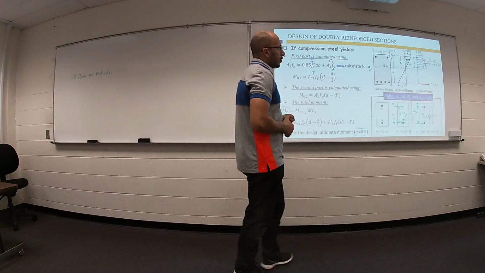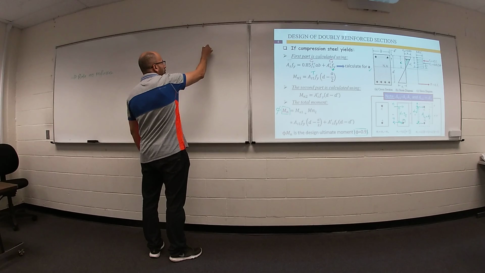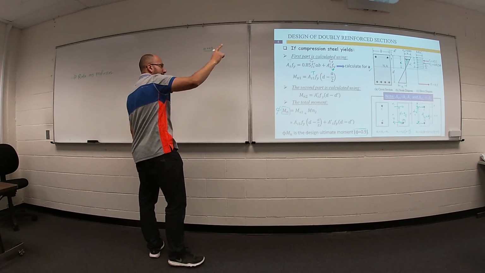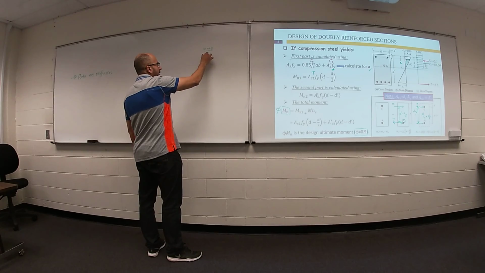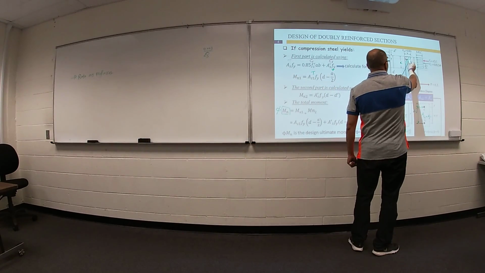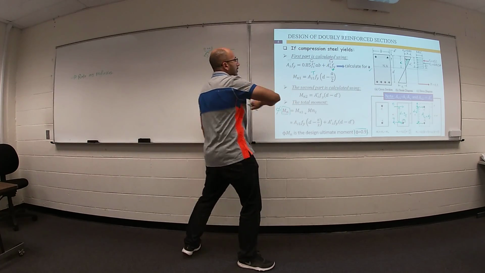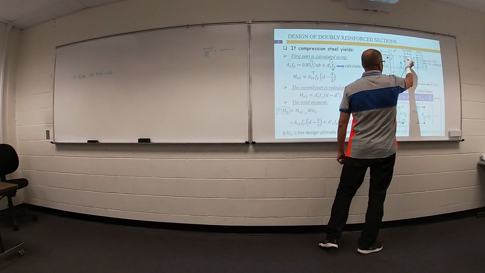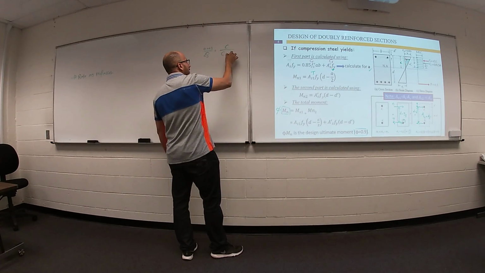By triangle similarity, I can say the highest point, 0.003, which is epsilon concrete ultimate, divided by this required value, equals this distance, which is c, divided by c minus d bar.